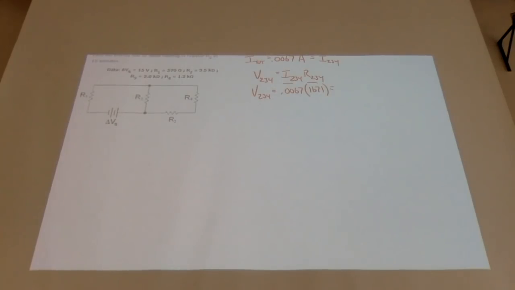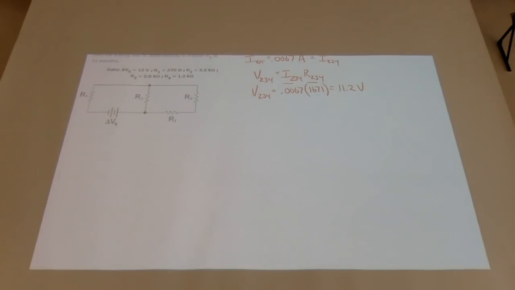So V234 is what? 0.0067 times 1671. Go. 11, let's just say 2 volts. Question? 11.2 volts.